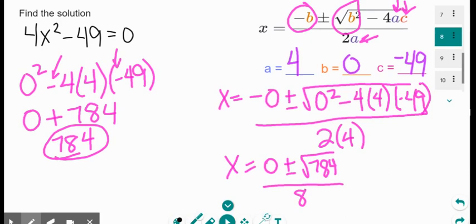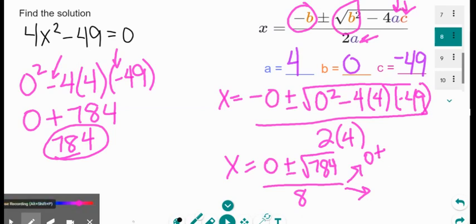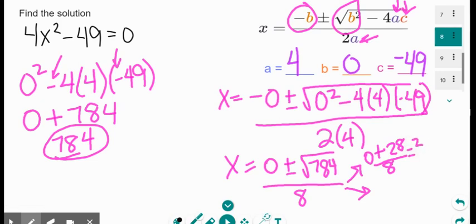Okay, now I'm going to break this up. And I have 0 plus, now find the square root of 784. I believe it's a perfect square. So that is 28 over 8, and that is 3.5.